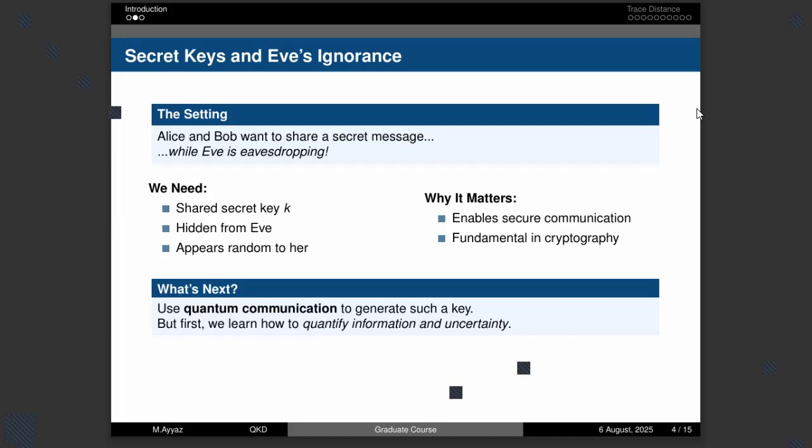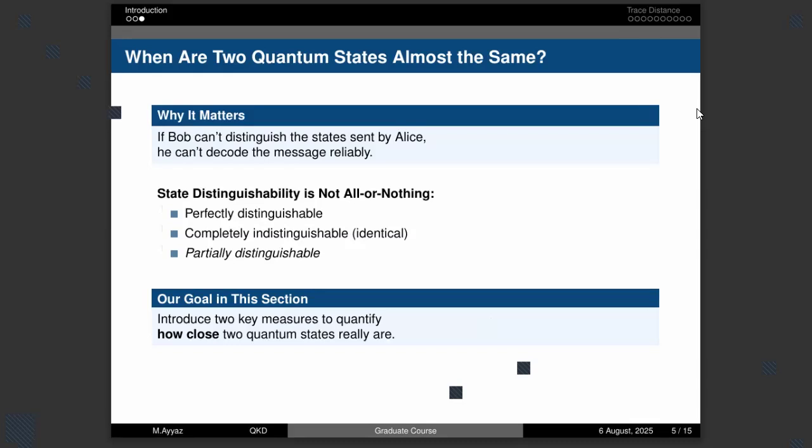So what is all about the ignorance of Eve? How can we quantify this seemingly qualitative property? In order to get information from the quantum state sent by Alice, Bob should be able to distinguish them properly through some apparatus and mechanism.